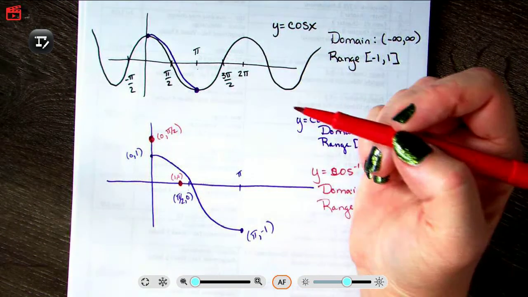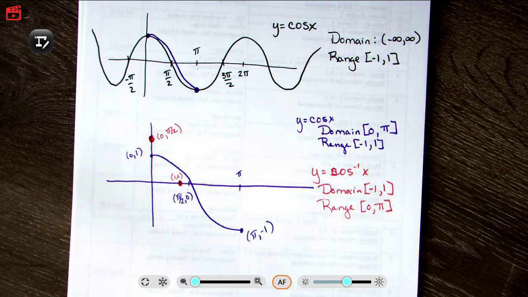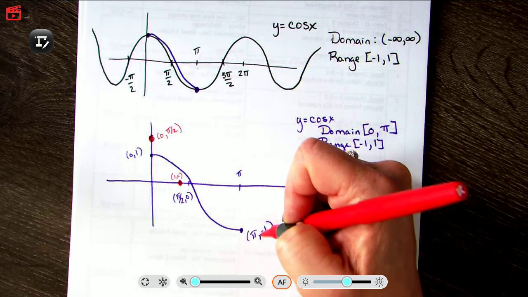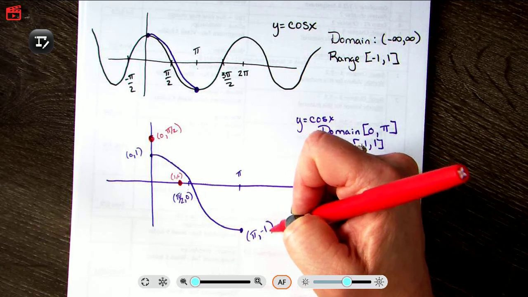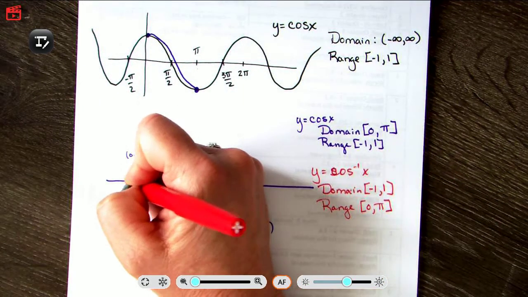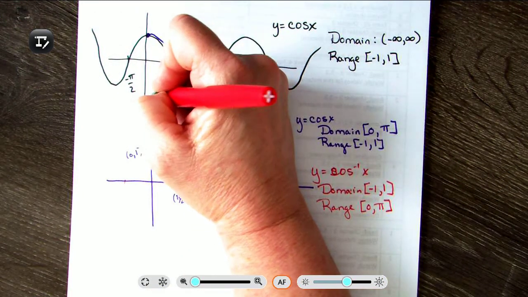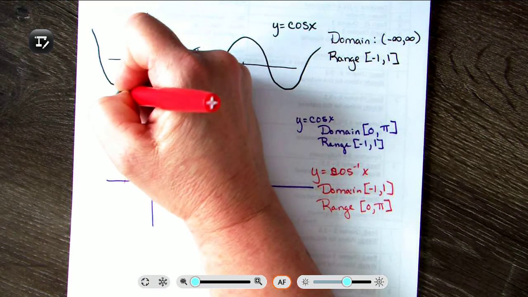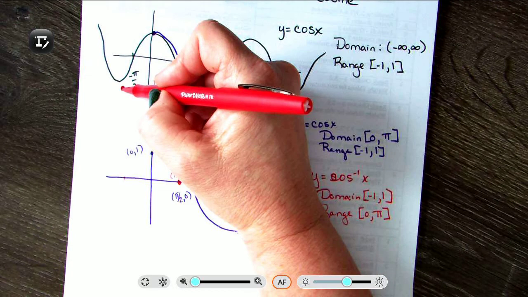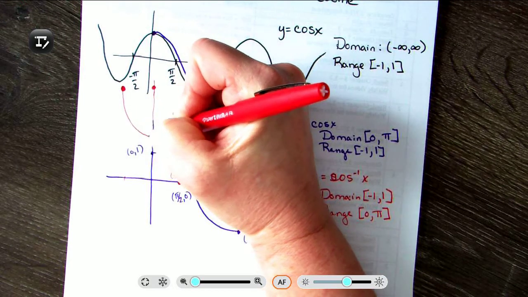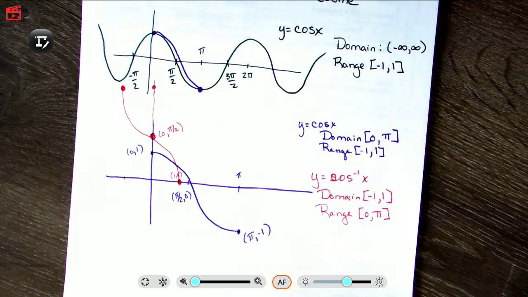And I have to try to remember how this looks. I always do a bad job of that. And this is going to be then pi, negative 1, so it's going to be negative 1, and I'm up here at pi. And the way this is going to look is something like that.